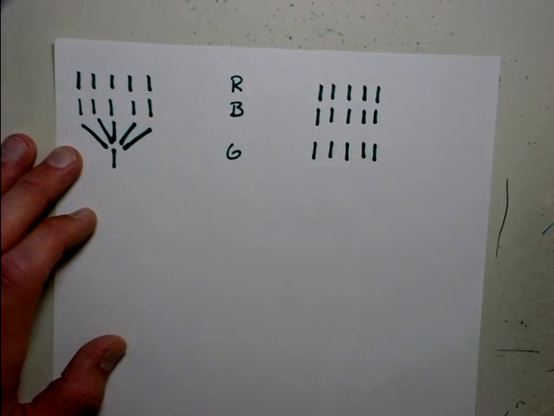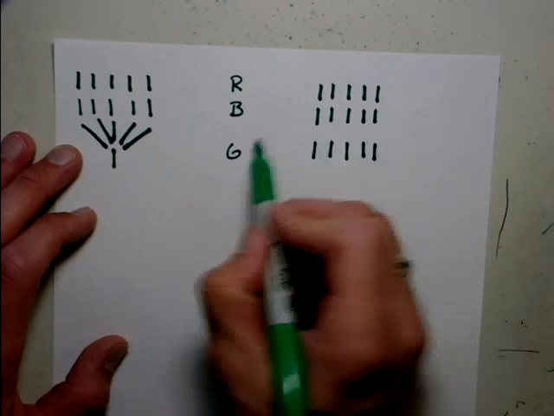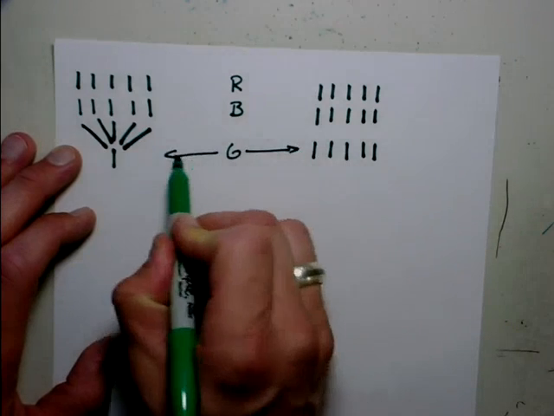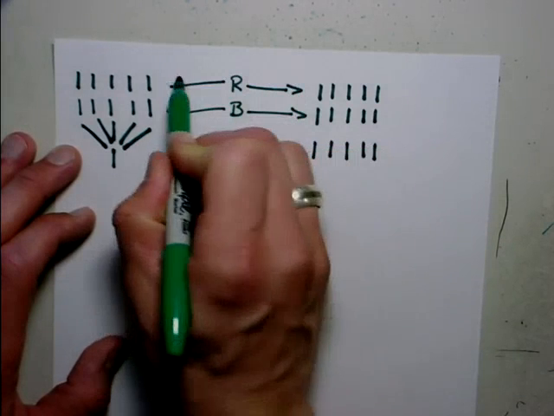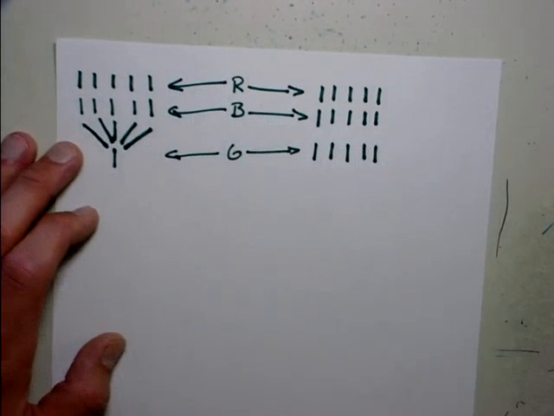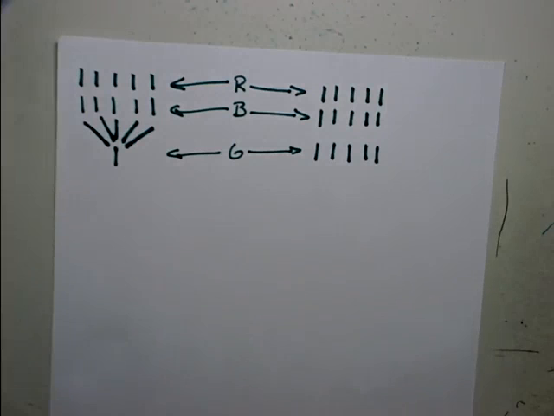Now, let's say that light is shown on every one of these receptors, and let's say that a ganglion cell needs a net of 10 units of excitation to switch on.